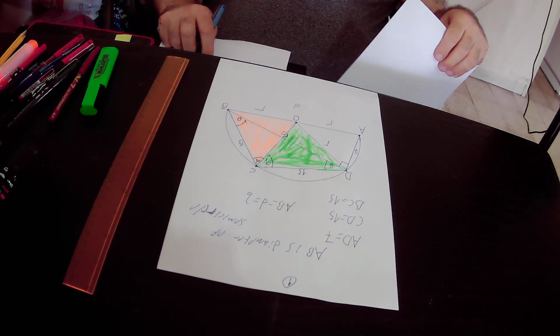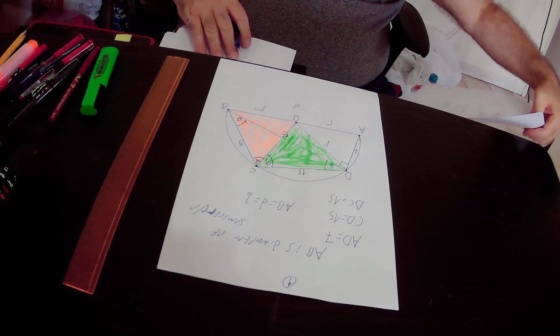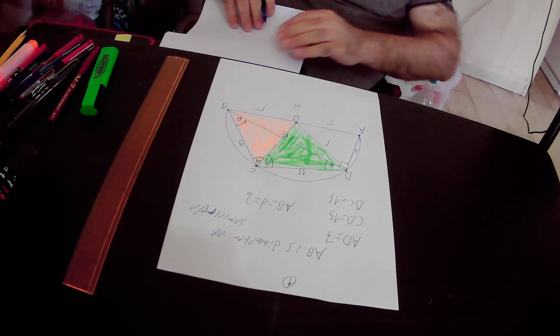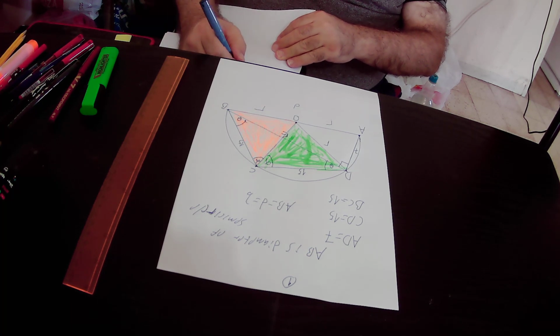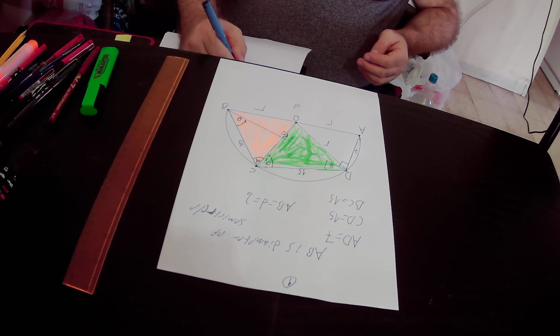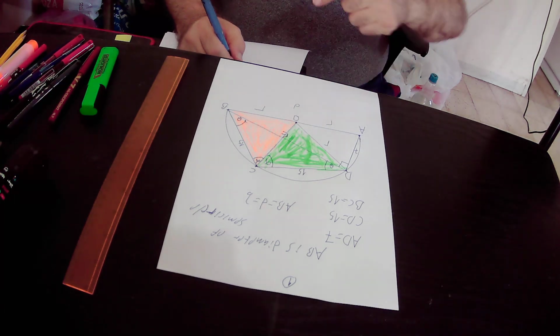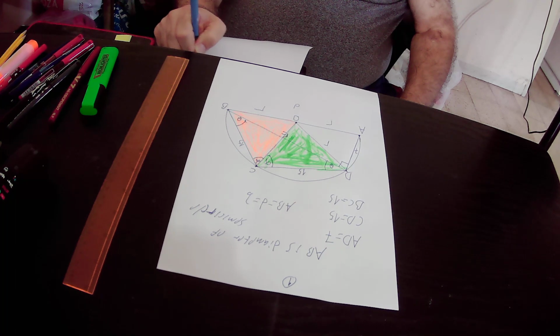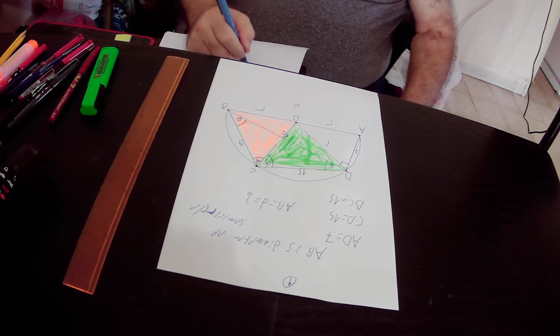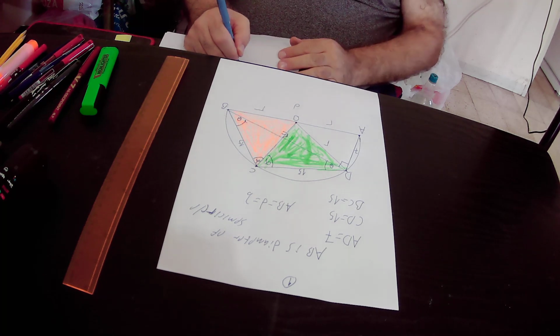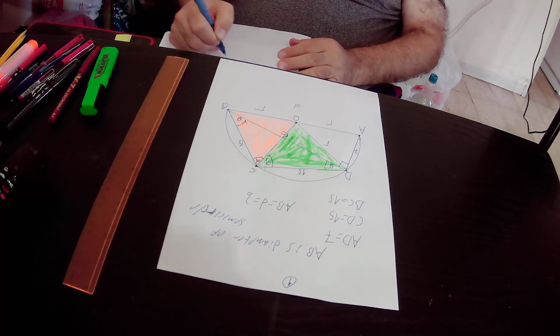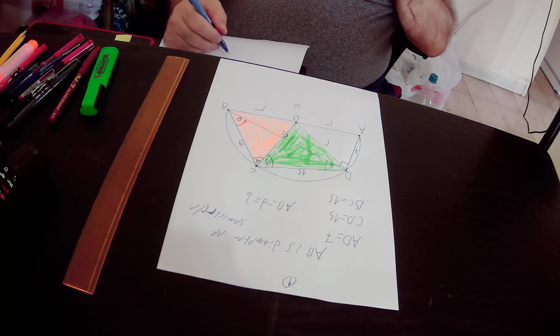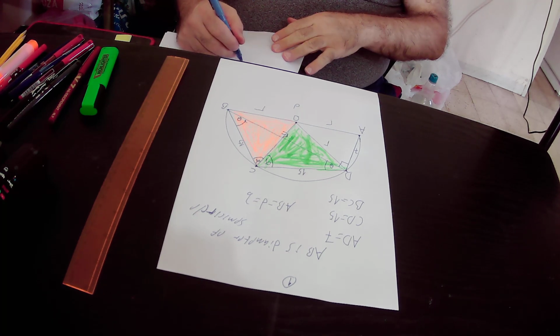Therefore, triangle DEC is congruent to triangle ECB according to the side angle side rule.